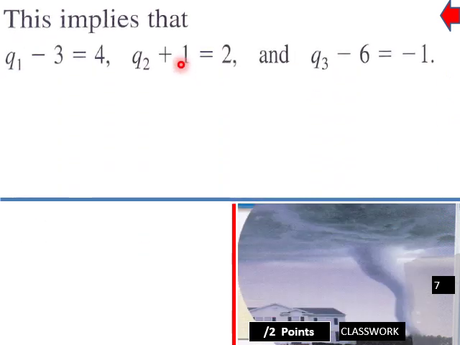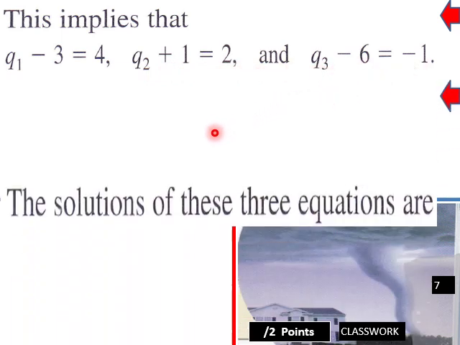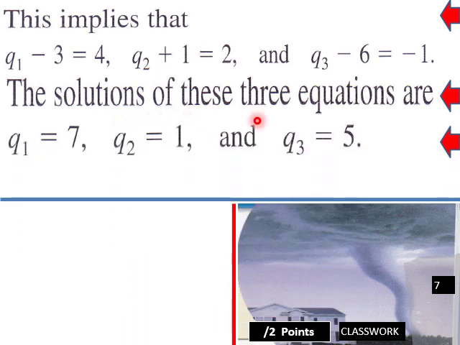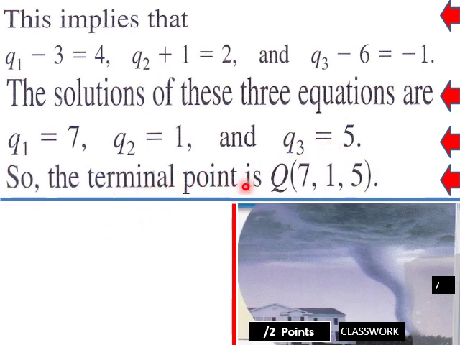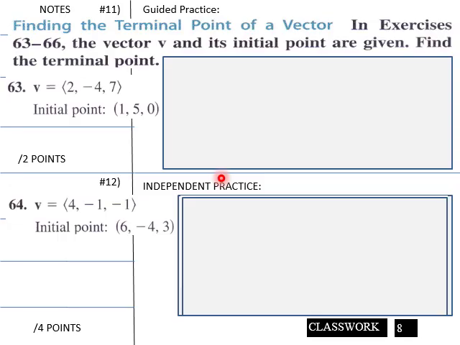To do that, this implies that Q1 minus 3 equals 4, Q2 plus 1 equals 2, and Q3 minus 6 equals negative 1. So the solutions of these three equations are Q1 equals 7, Q2 equals 1, and Q3 equals 5. So the terminal point would be 7, 1, and 5.